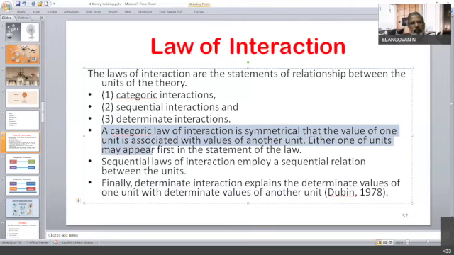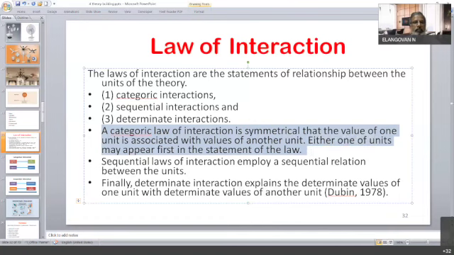Either one of the units may appear first in the statement of the law. So there is no sequence. Either this can come or that can come first. So it is only a kind of symmetry. You can change it like this. In an equation, when you write, you can interchange it.